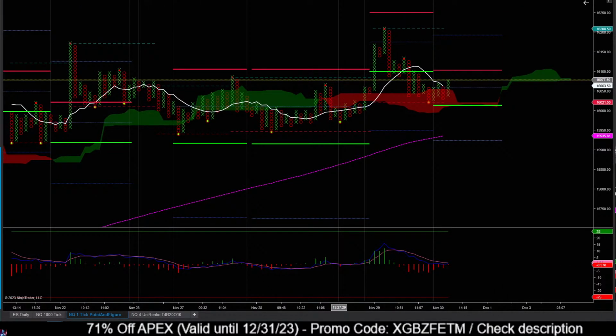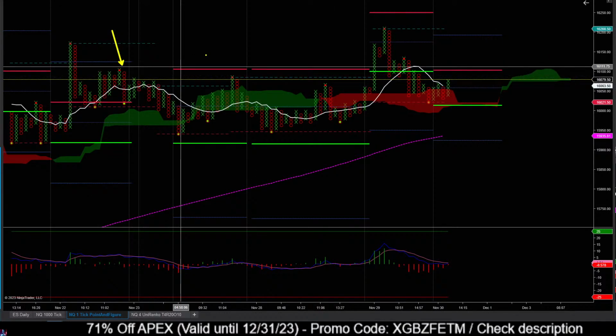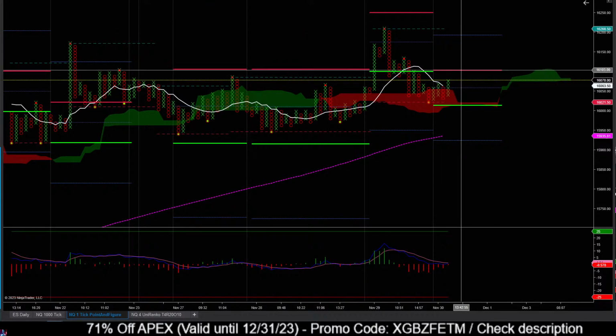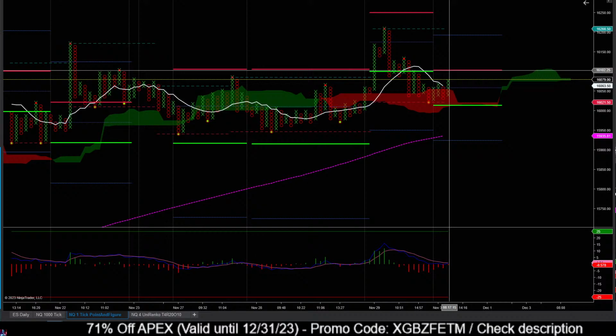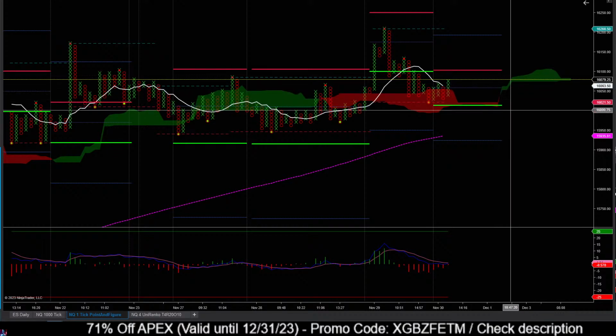So, NQ, I think that it's going. I'm gonna go back to this level here, right there, and that would be my resistance level. And oddly enough, the color is correct, right? So 16100, you can call 16100 right there.